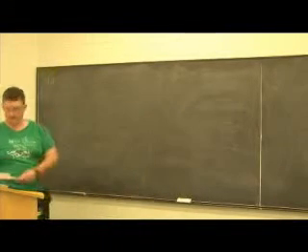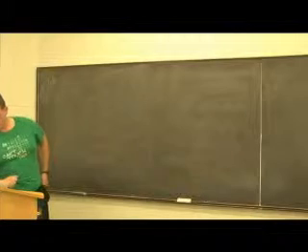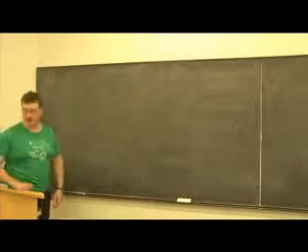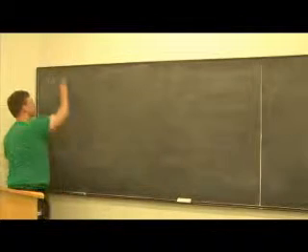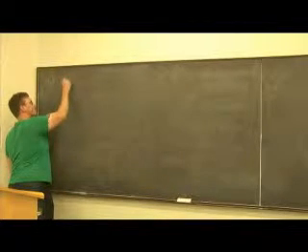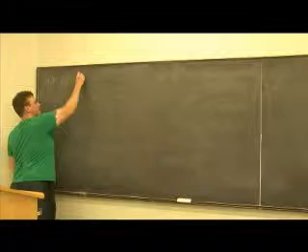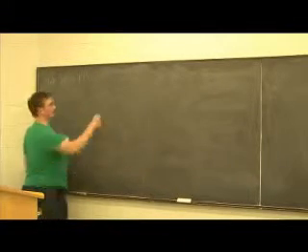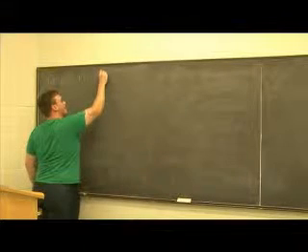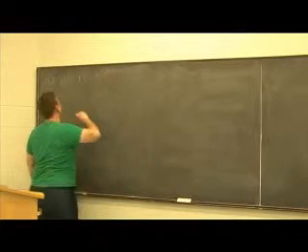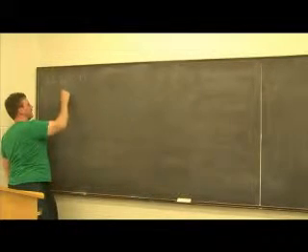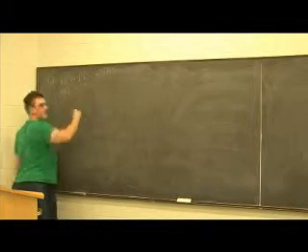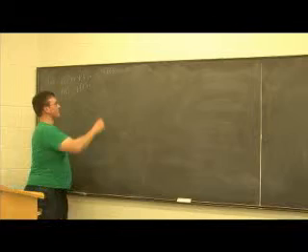So for 4a, this is systems of differential equations, which is even more fun than we've already had regarding Laplace transforms. So we have x prime of t plus y of t is equal to sine of t. And then we have x of t minus y prime of t is equal to 0.